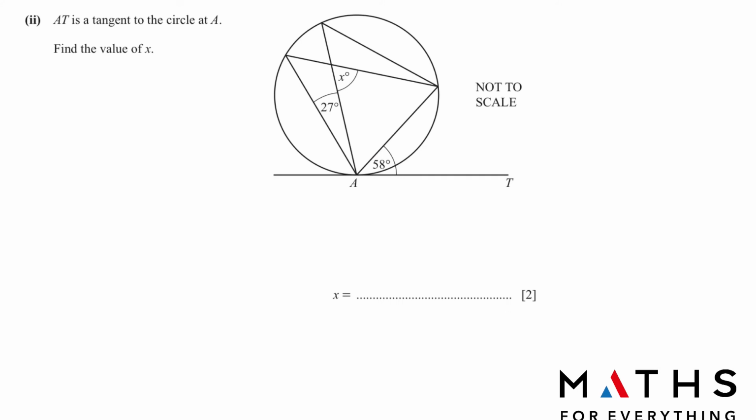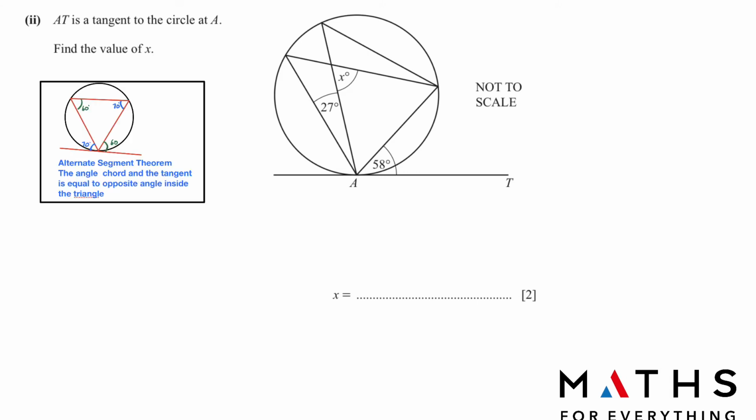So the next part of the question, AT is a tangent to the circle at A. Find the value of x. So let's see what rules we will need to use here. The first is the alternate segment theorem. So if this is 58, this will be 58.